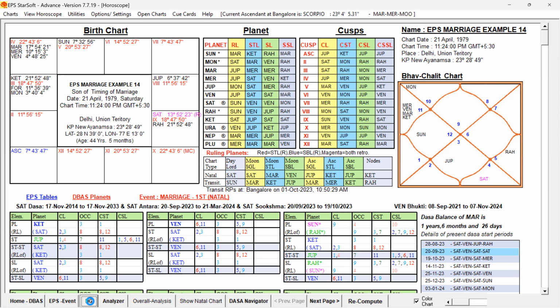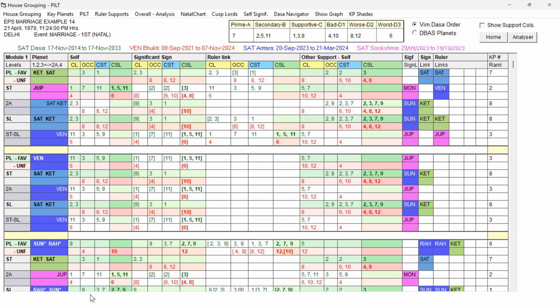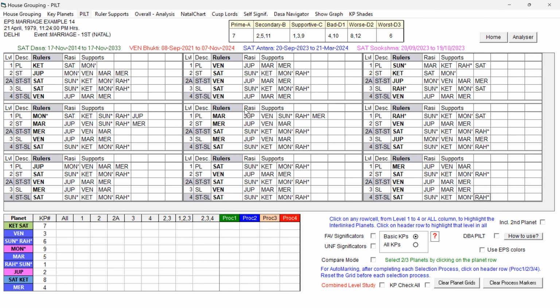Let me take you to the PILT table. The key planet states we gave on the EPS page itself in the previous video. The same key planet states we are going to give as EPS colors. Use EPS colors, and let me open the KP check all.